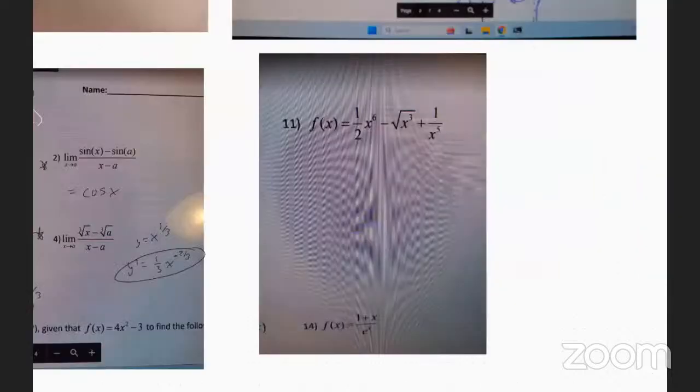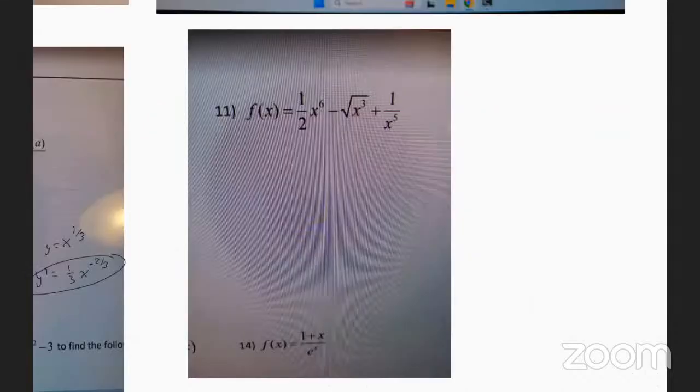You want me to do this number 11 real quick for you? Sure. Okay, so for number 11, what we're going to do is rewrite these so that I can use the power rule. So that's 1/3, and this is x to the -5th. So that's your f of x, right? So what's your f prime of x?